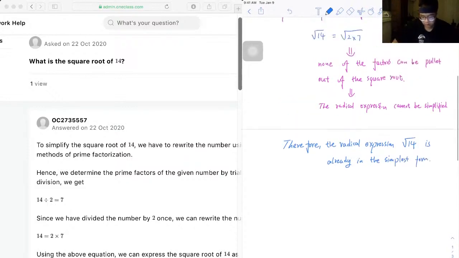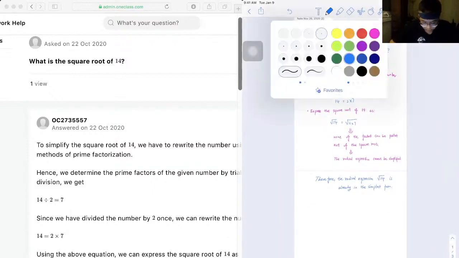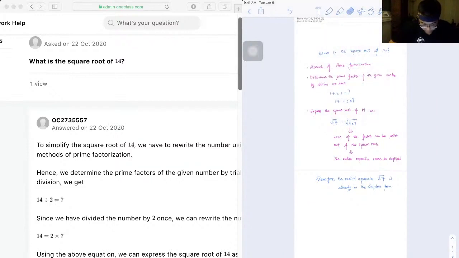Right. So that's all we have for this question. Because at this step, we found out that none of the factors can be pulled off the square root. So root 14 will be the simplest form.